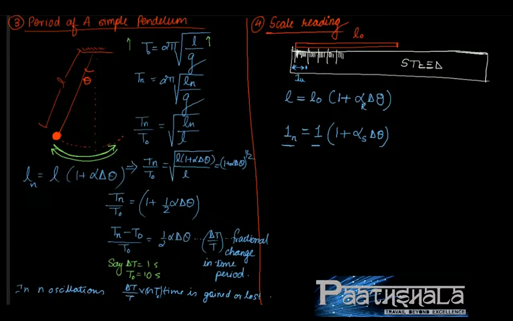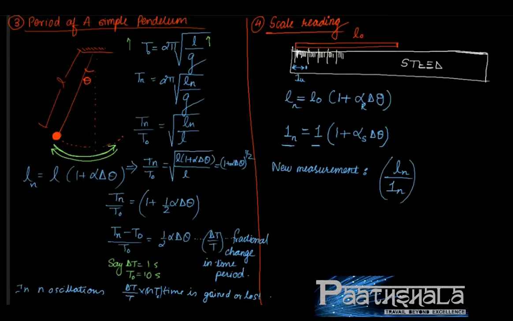Now, the new measurement is going to be what? The new measurement shall be the new length of the rod upon the new length of 1 unit, right?